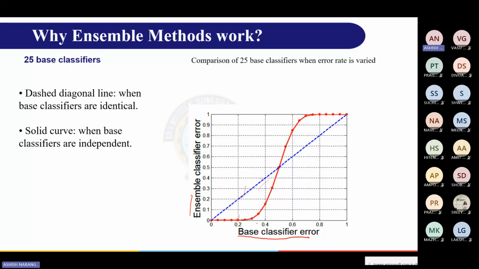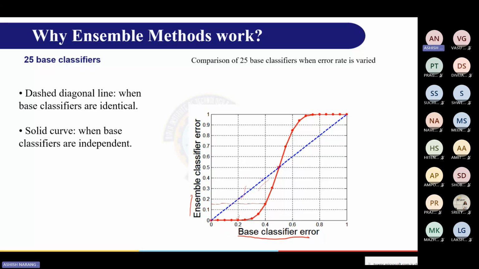If the base classifier is giving an error of somewhere around, let's say, 0.4, the ensemble is giving around 0.15. If I take this point, it is 0.4 something, but the ensemble is a little above 0.3. So even so, the ensemble classifier error is less.